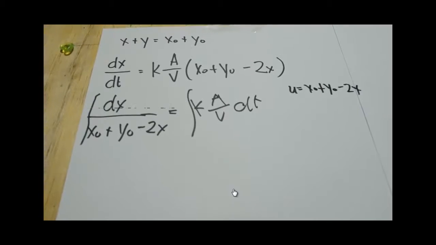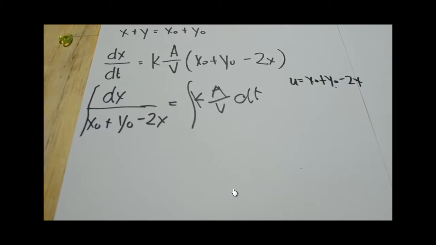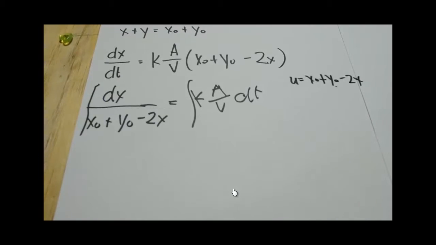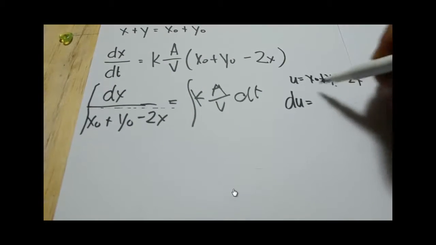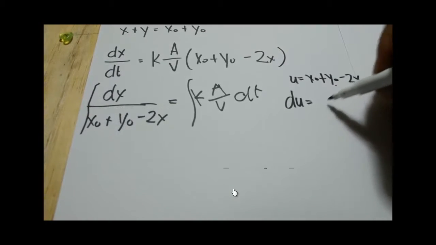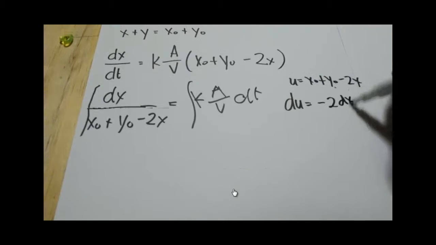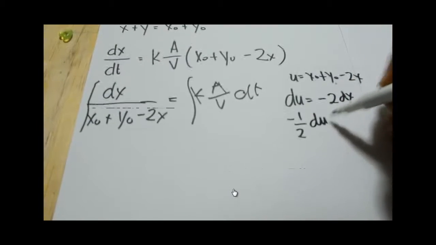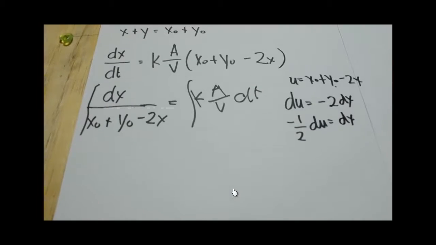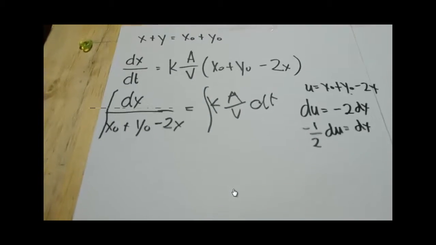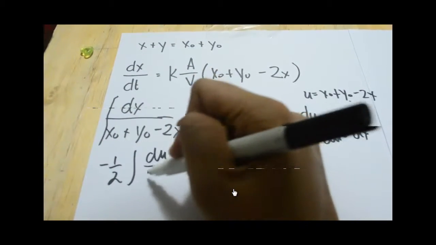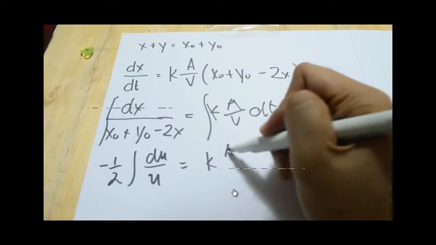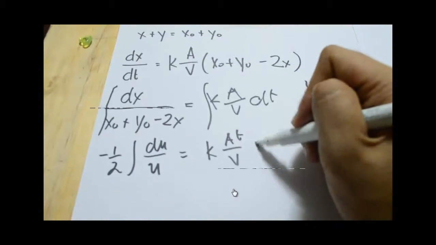Remember, our initial concentrations X sub O and Y sub O are constant, so don't confuse them with x. Okay, so differentiating, we have du equal to 0, since the derivative of a constant is 0, minus 2 dx. So negative 1/2 du is equal to dx. Going back to the equation, we'll have negative 1/2 integral of du over u equal to KAt over V plus c.